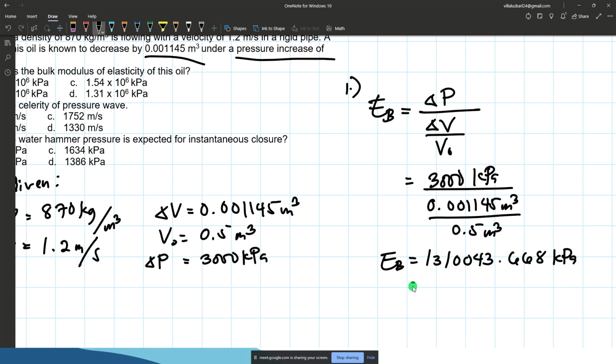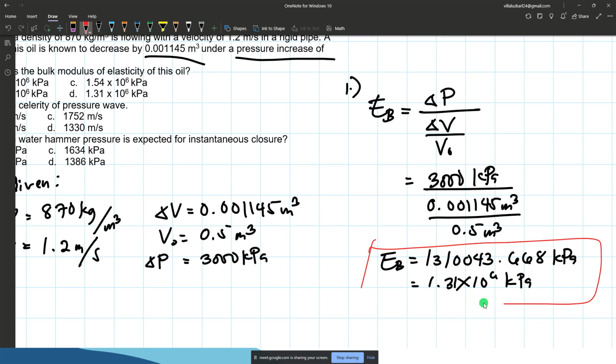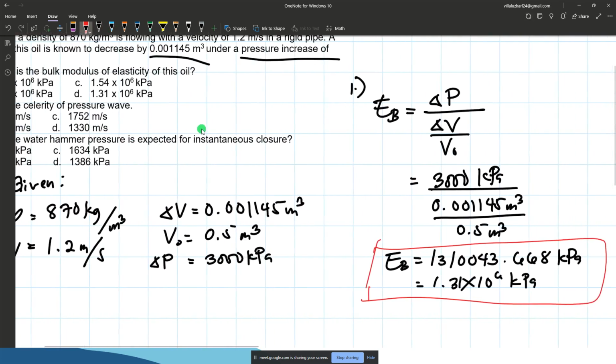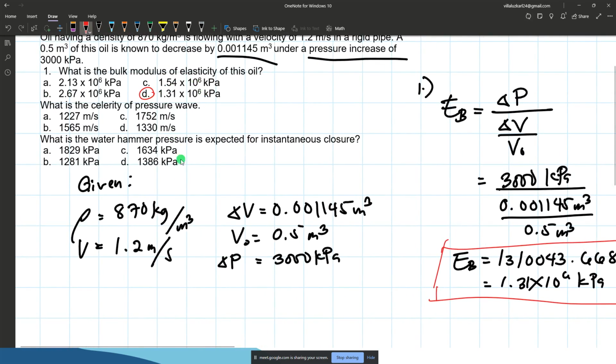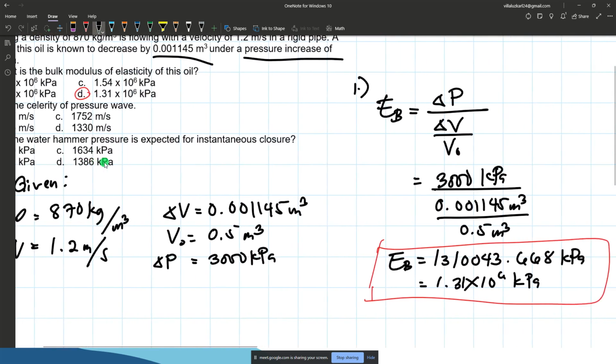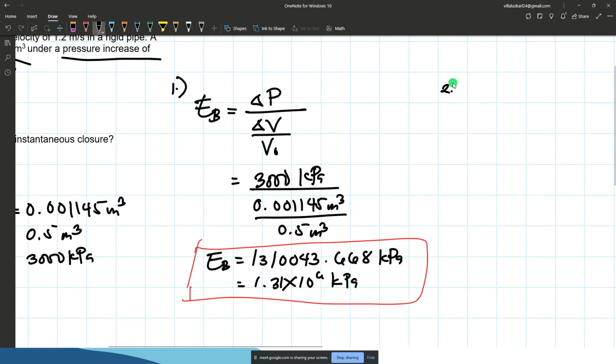If we convert this into scientific notation, we have 1.31 times 10 raised to 6 kilopascal. This is your answer for the bulk modulus of elasticity of the oil. In the choices, what we have is letter D. For number 2, what is the celerity of pressure wave?